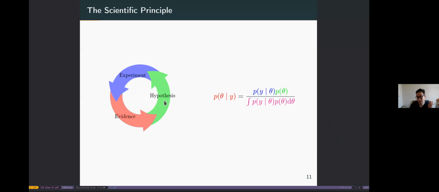Then I have some data, which I now look at. How does my hypothesis explain this data? That is my likelihood. And then by doing computations, I can reach my posterior distribution, which is how much evidence there is in what I see to update my hypothesis. That was basically what we think of as Bayes' rule being an embodiment of the scientific principle, maybe.